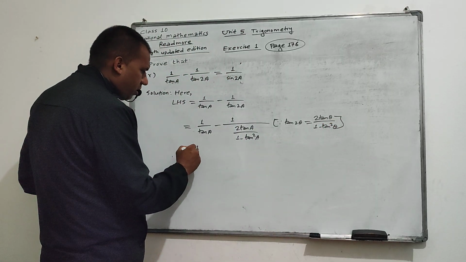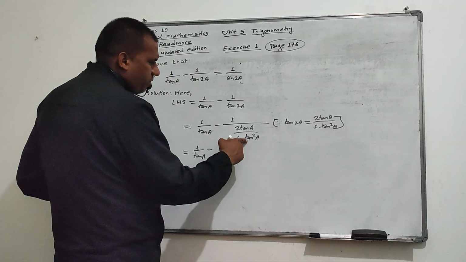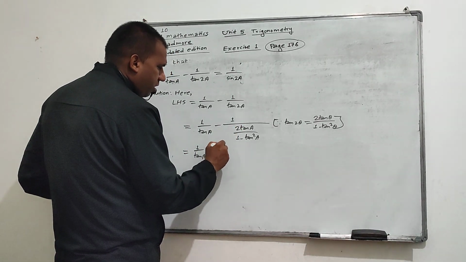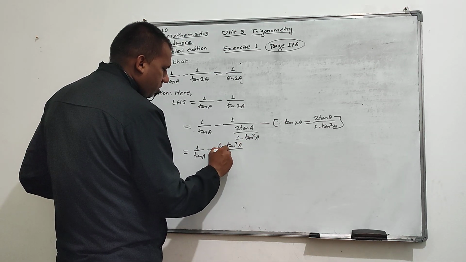This equals 1 by tan a minus, it becomes reverse, (1 minus tan square a) upon 2 tan a.